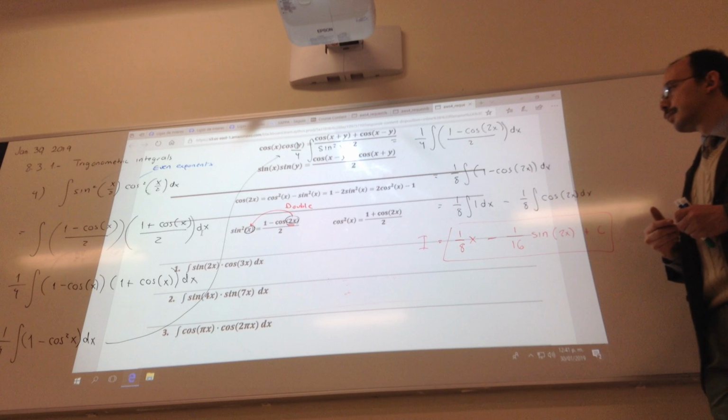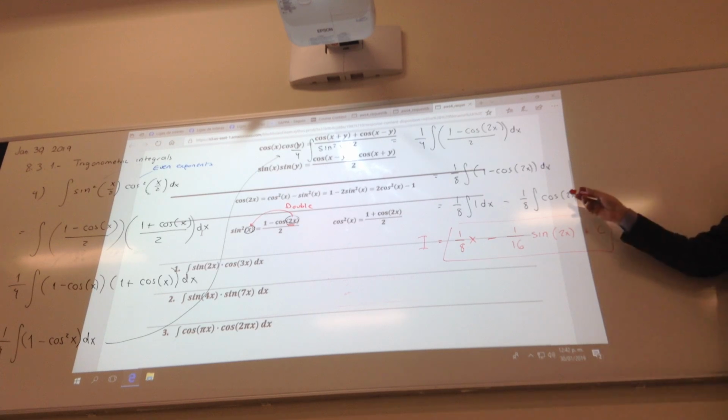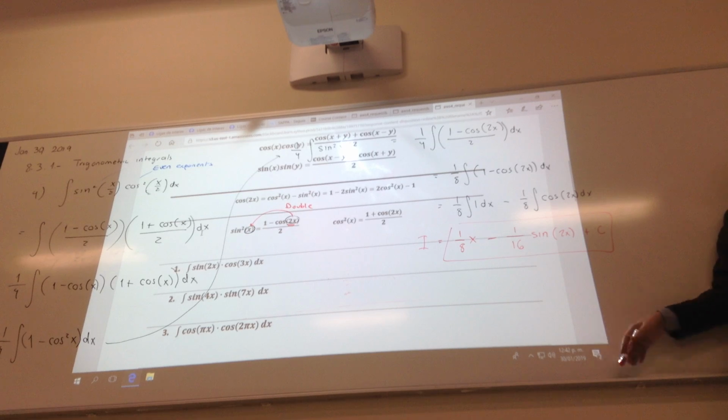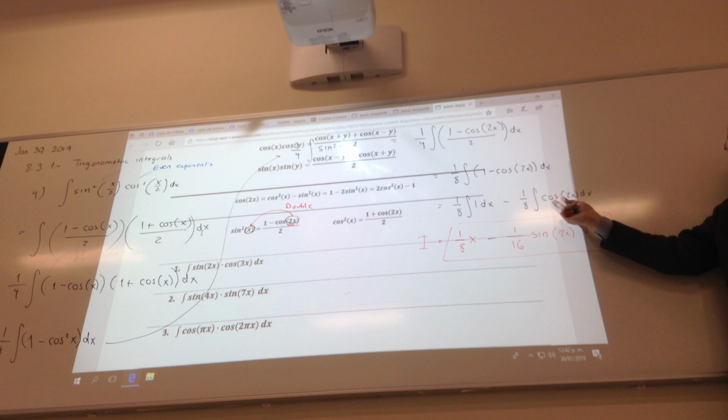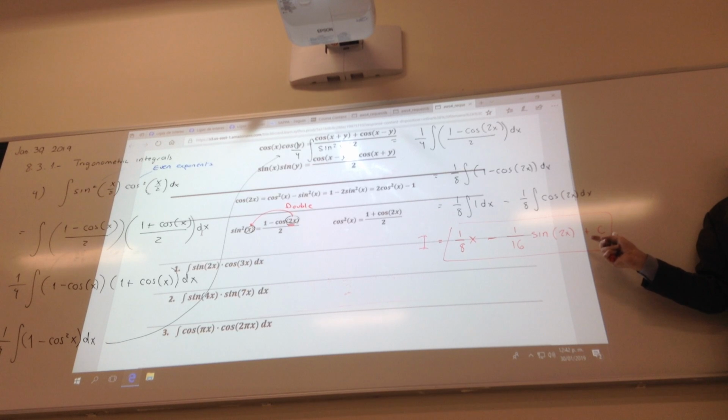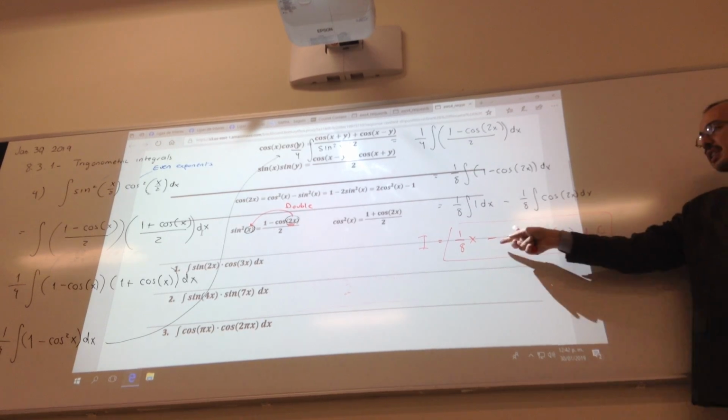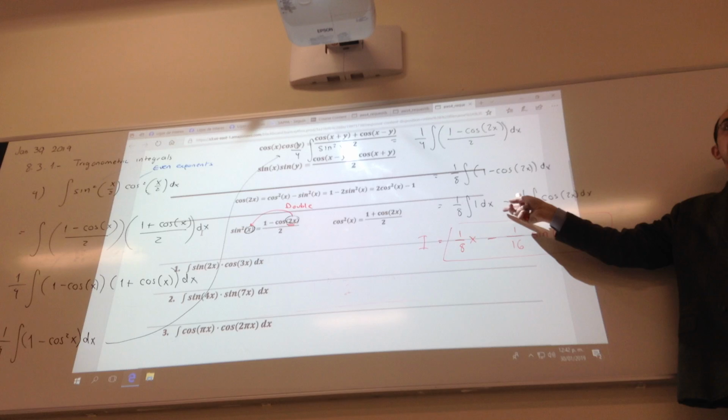That's the solution. Remember, you could apply u substitution, find it, etc., like in the previous example. When you integrate this, you have 2x here. The integral will be divided by 2, so times 8 becomes 16, and the integral of cosine is sine. Why negative? Because this is negative.